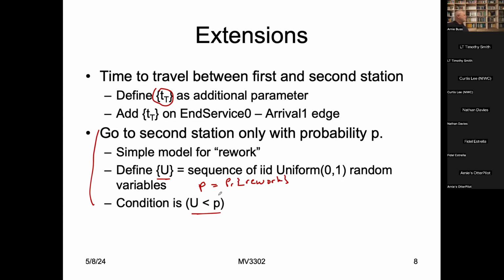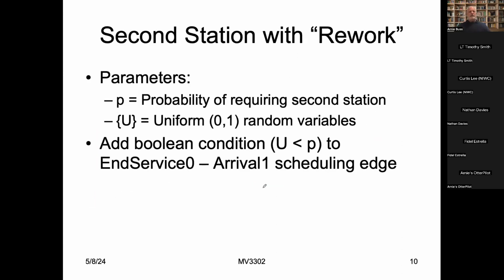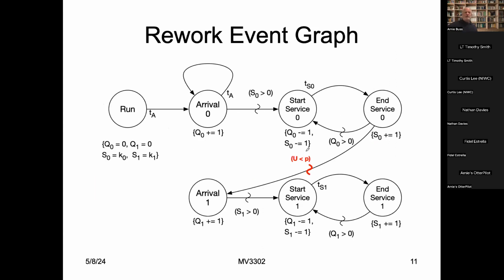Because this will be true with probability P. And what does that look like? We add two parameters: one, that probability, and the second, this uniform set of random variables, and the Boolean condition U is less than P on this edge.